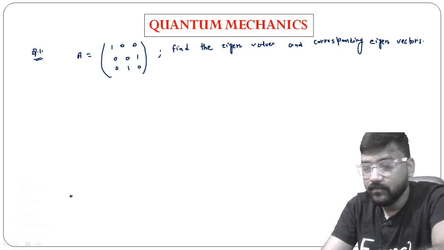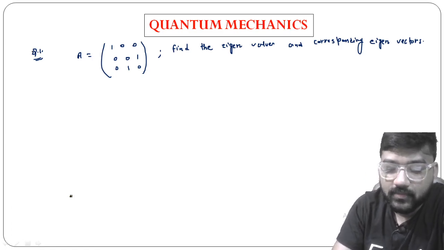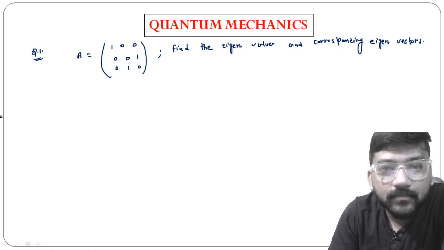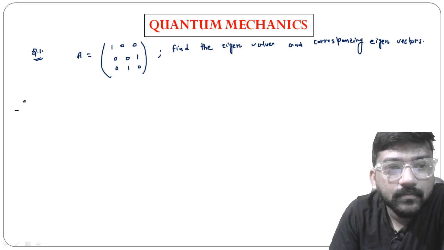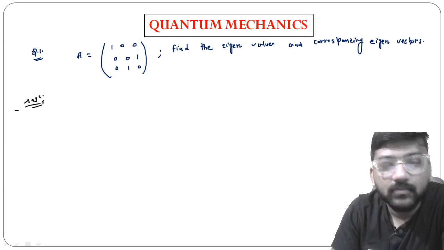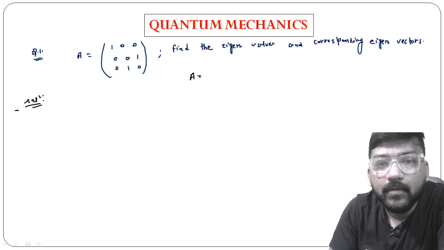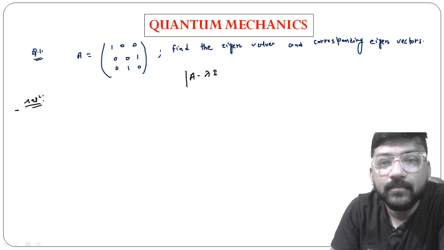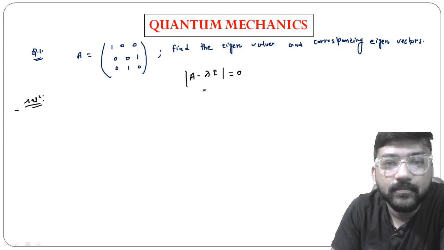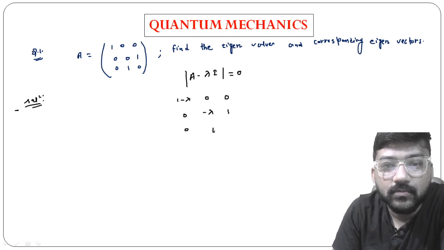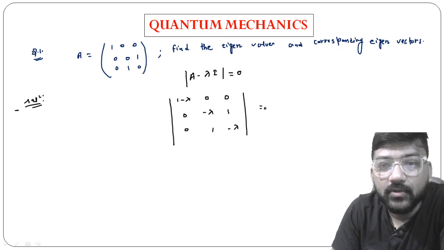Okay, so first what you have to do is write the secular equation of this. So we have the determinant of A minus lambda I equal to 0, so that will be the determinant with rows (1 minus lambda, 0, 0), (0, minus lambda, 1), (0, 1, minus lambda) equal to 0.